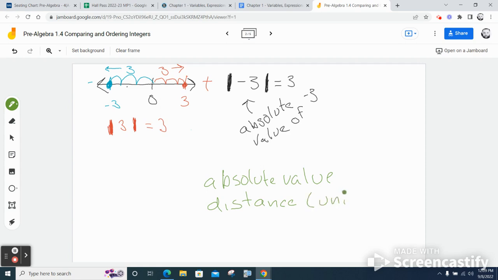How many units traveled regardless of direction.